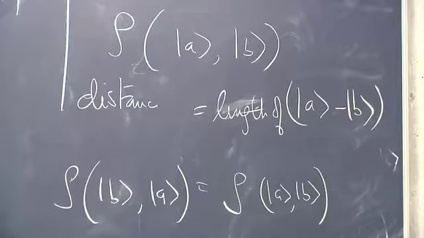This is what you would imagine: given two points, it doesn't matter whether you say the distance between point 1 and point 2, or between point 2 and point 1. It's the same. So this is the property.